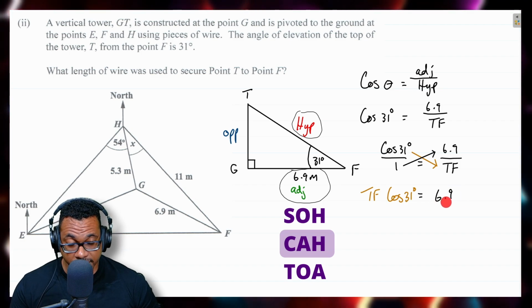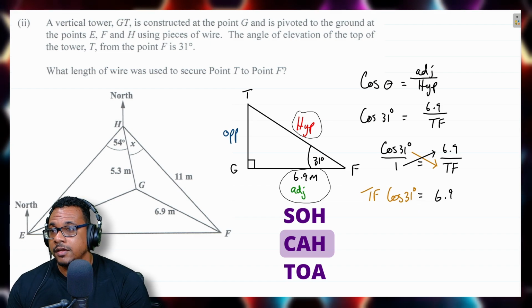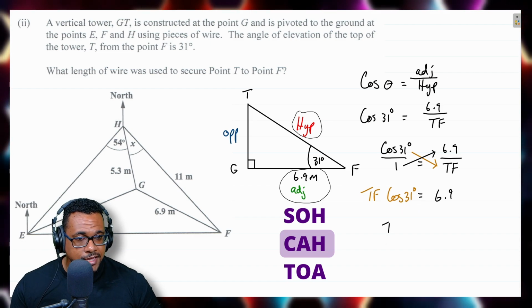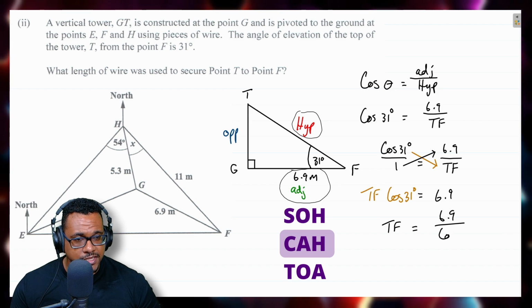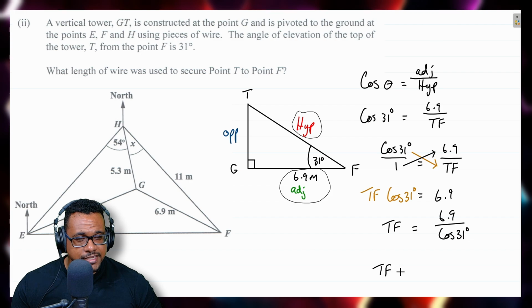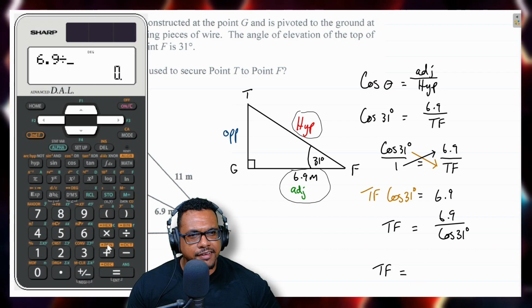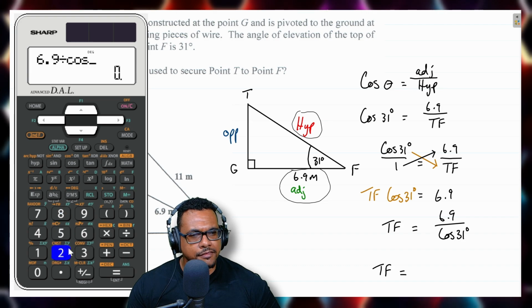It'll go under the 6.9. Or you can say, divide both sides of the equal sign by cosine 31. So what we're going to get is TF is equal to 6.9 divided by cosine 31 degrees. So TF is equal to 6.9 divided by cosine of 31.